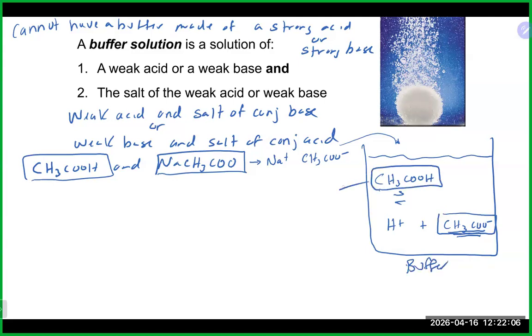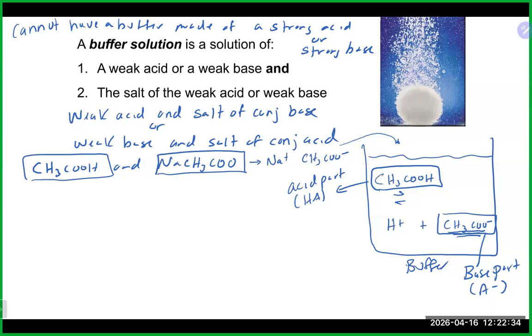You will have an acid part of your buffer, sometimes abbreviated as HA, and you will have a base part of your buffer, sometimes abbreviated as A minus in the lab. So you have both of these things floating around in solution to begin with, and that is crucial for a buffer to be able to work.